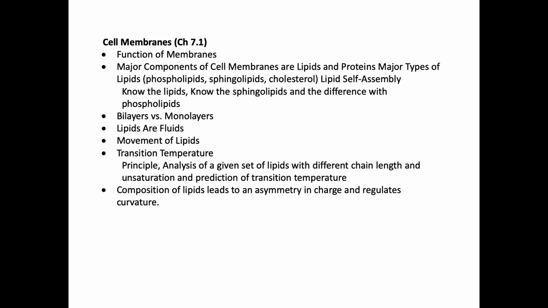For example, if we give something like this: you have a fatty acid with 14 carbons, then another fatty acid with 14 carbons and 1 unsaturation, then another fatty acid which is 15 carbons with 2 unsaturations. Got it? I'm just writing it down right here.